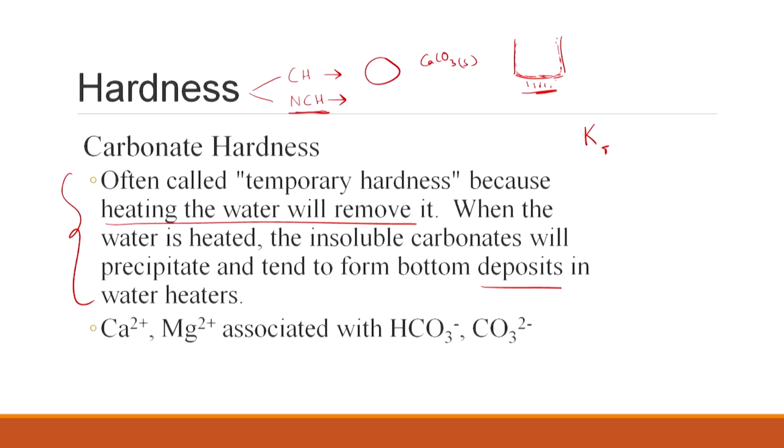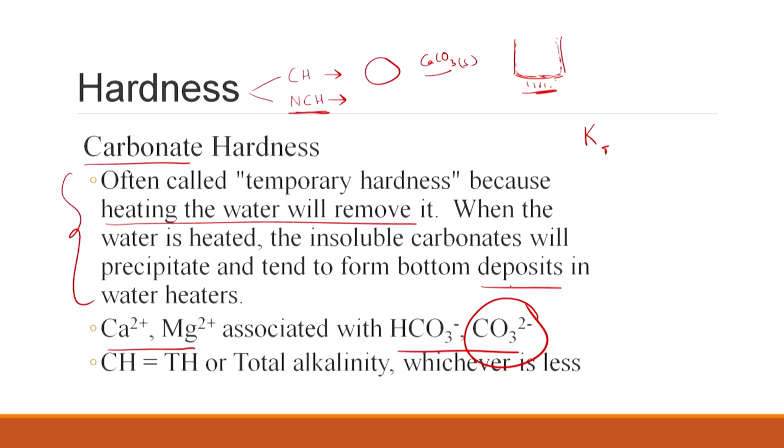Obviously, again as we just discussed here, carbonate hardness, right, as the name indicates, is the one where the bivalent cations are associated with the inorganic forms of carbon, CO3 2 minus and HCO3 minus, right, but typically CO3 2 minus, I guess.